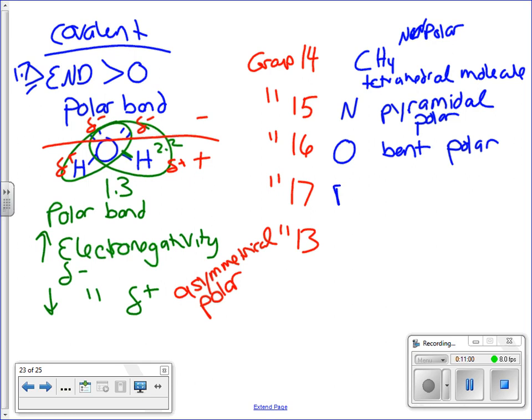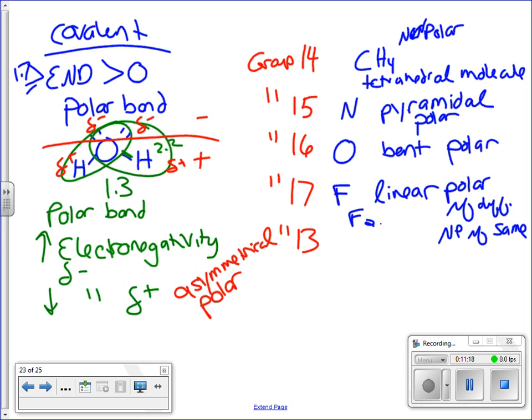Group 17, we're looking at fluorine. Okay? This is linear. It can only make one bond. It is polar if they're different things. Nonpolar if they're the same. That means if it's F2, it's nonpolar. If it's HF, it's polar. Okay?